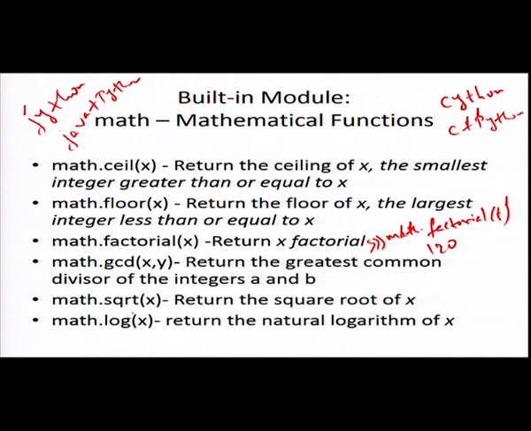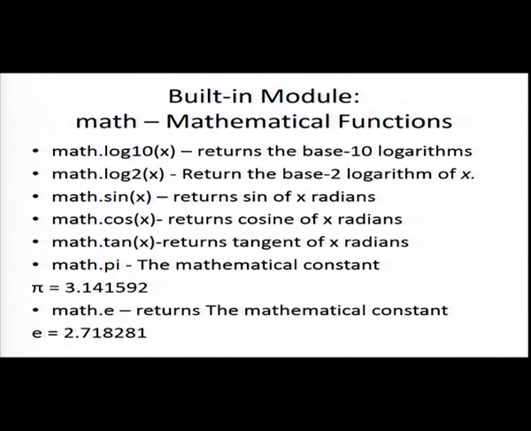Math dot square root of x returns the square root of x. Math dot log of x returns the natural logarithm of x. Then how will I get base 10 and base 2? You are supposed to write math dot log 10 of x, which returns the base 10 logarithm. Math dot log 2 of x returns the base 2 logarithm of x.